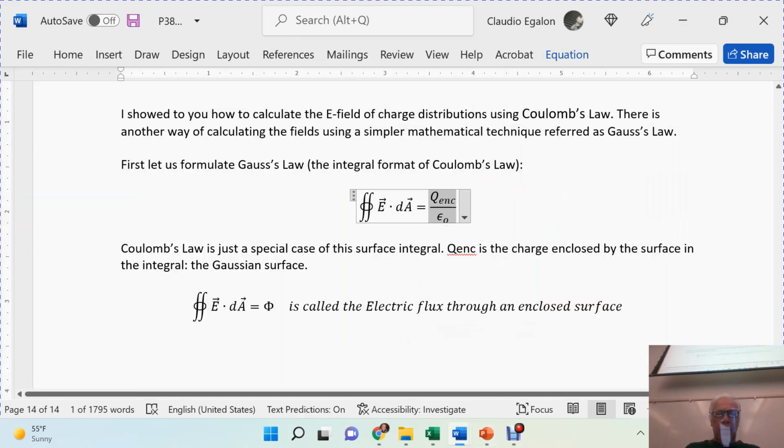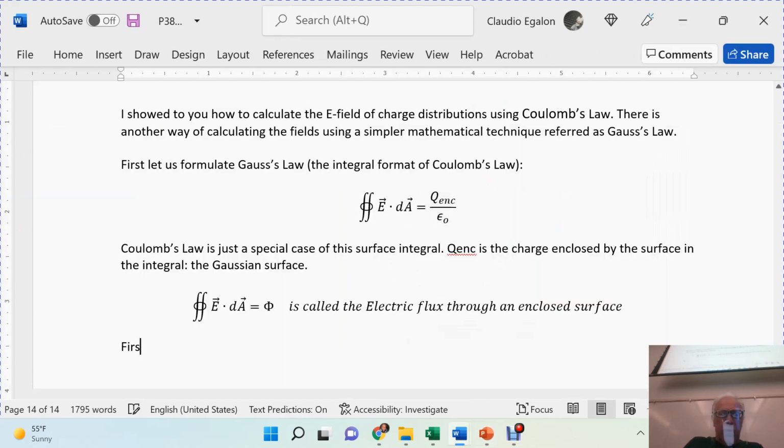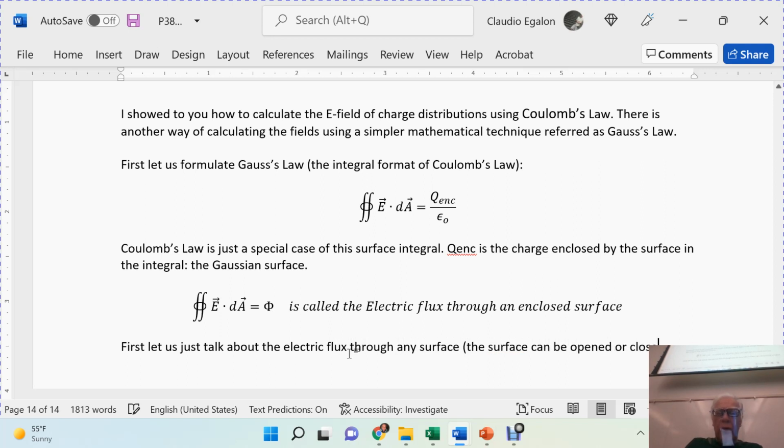Here you go. First, let us just talk about the electric flux through any surface. The surface can be open or closed. The simplest closed surface is that of a sphere.